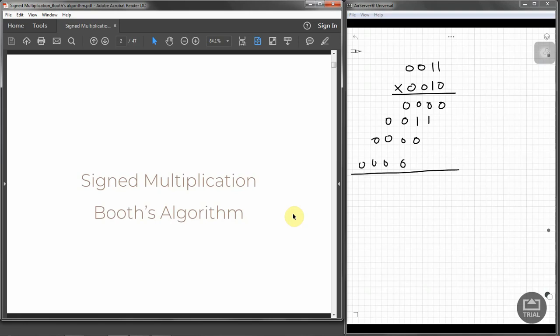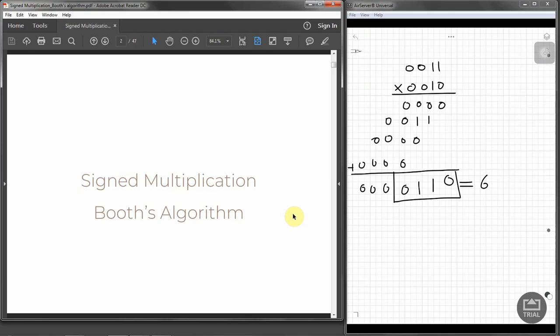So in the end, we add them up: 0110000. And this is actually giving us 6 in decimal. So this was 3, this was 2, and we have got 6.